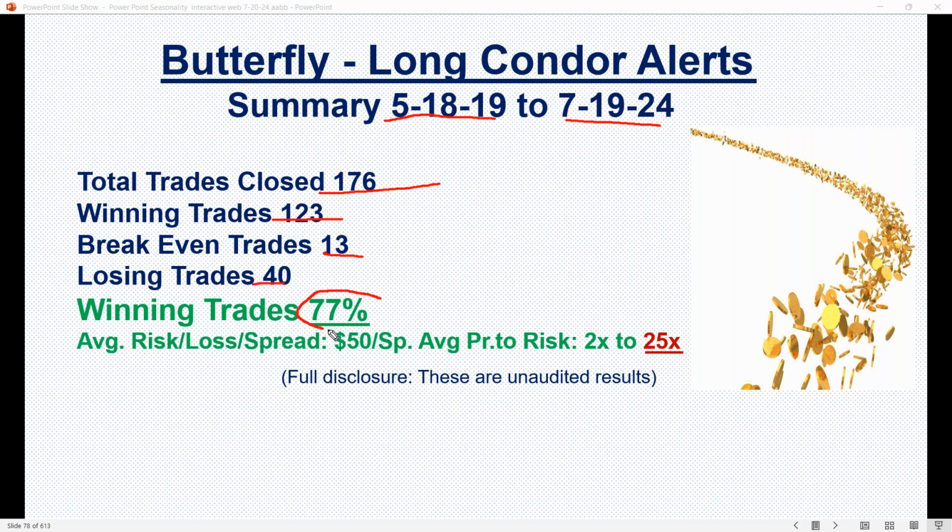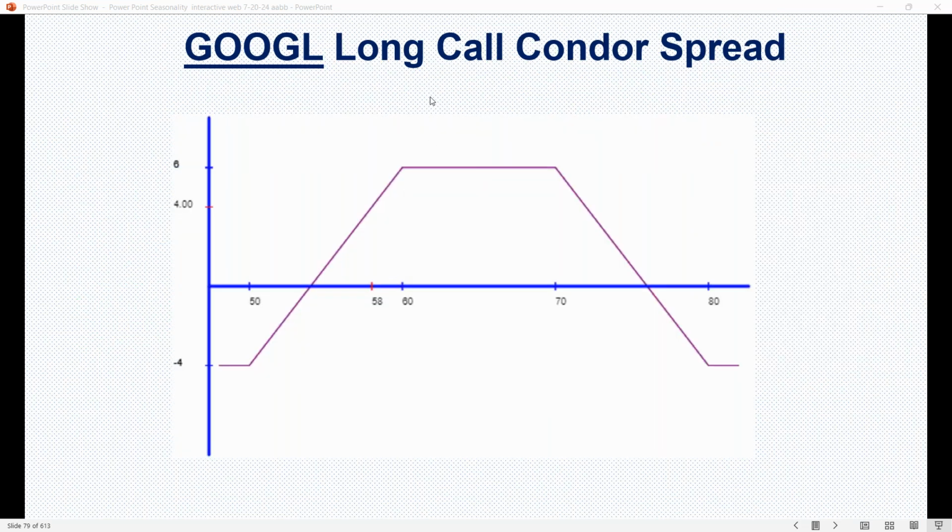Right about a 77% win rate, unaudited. These are fantastic because they are very low risk, $50 to $75 per spread risk, but you can get 25 to 1 sometimes, and we've had some trades where we've gotten 200%.